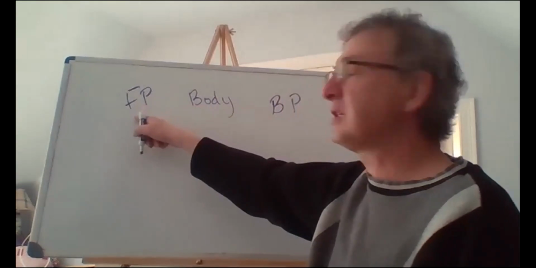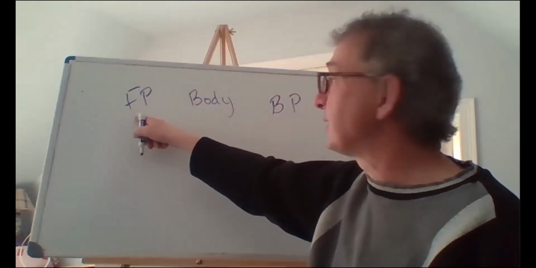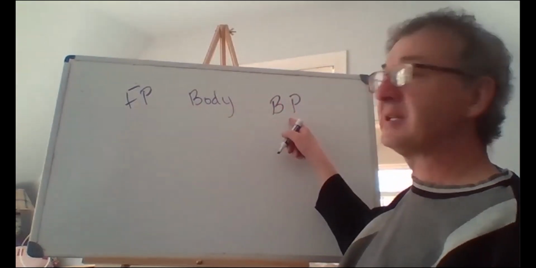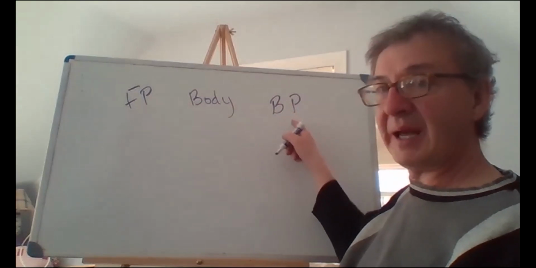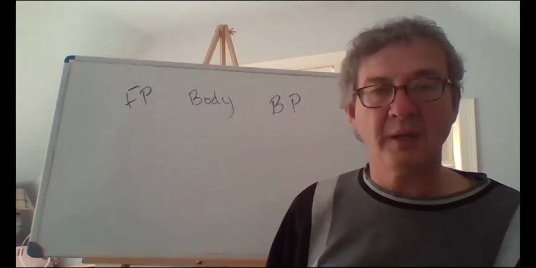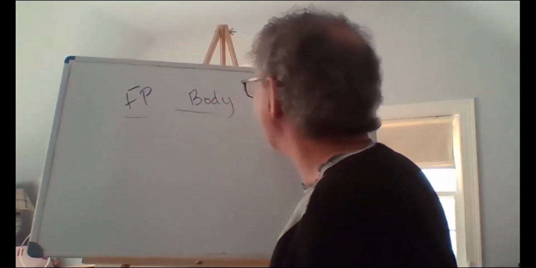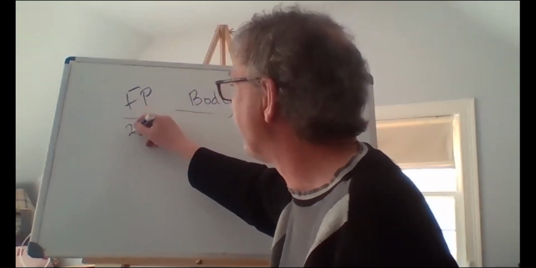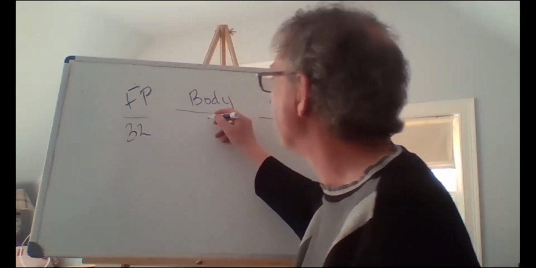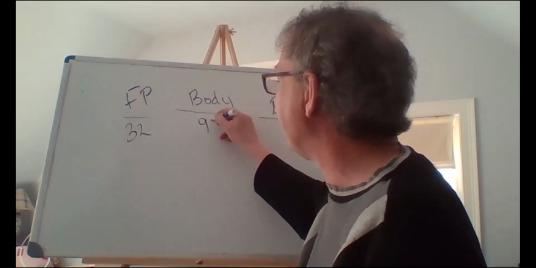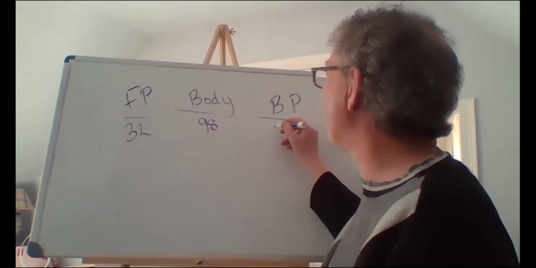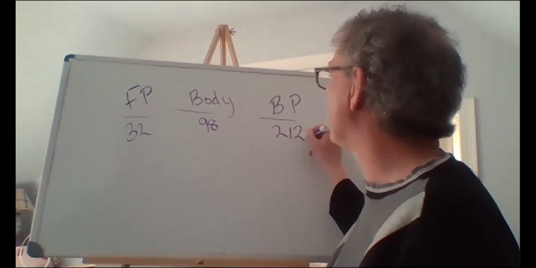Right, so this is solid to liquid and liquid to solid. This is gas to liquid or liquid to gas. Same idea. Now in Fahrenheit, we know what these numbers are. The freezing point or the melting point of water is 32. Body temperature is 98. And boiling point is 212.